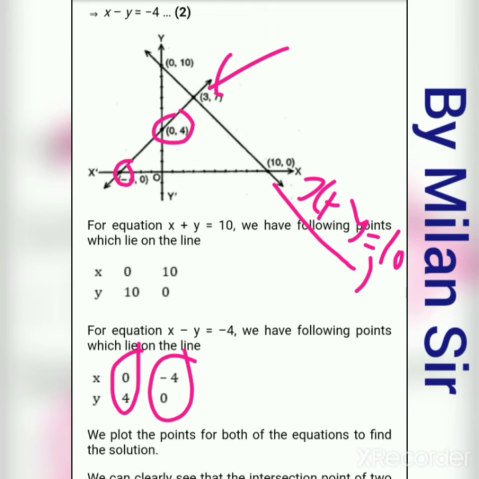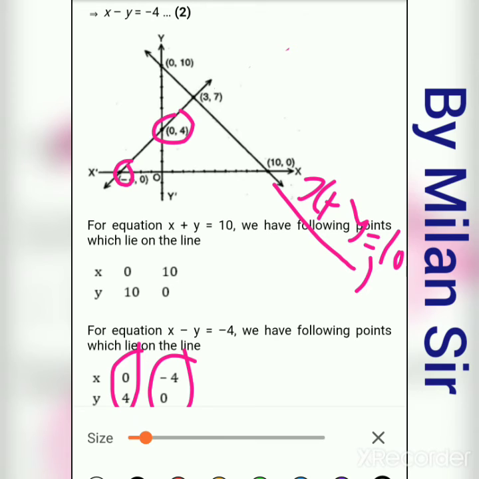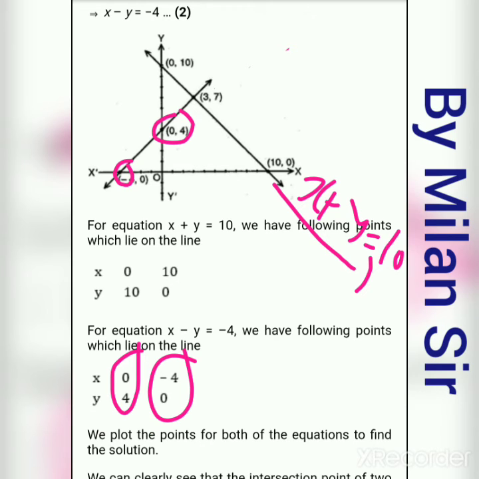This is our second line. You can write down the equation of the second line. It is x minus y equals minus 4. It is a good habit to write the equations.